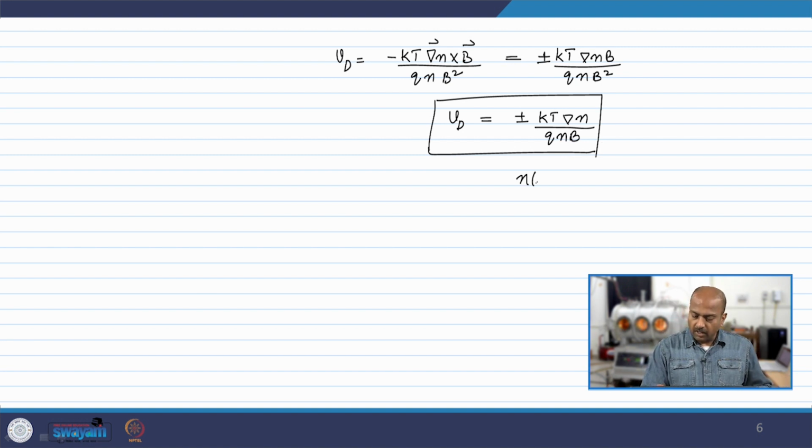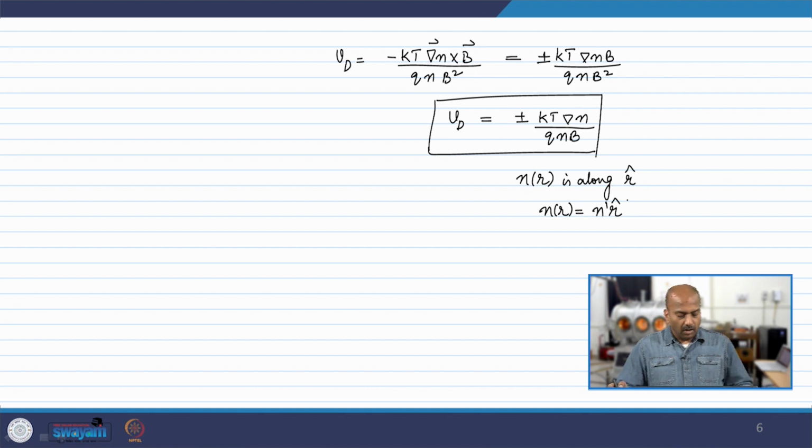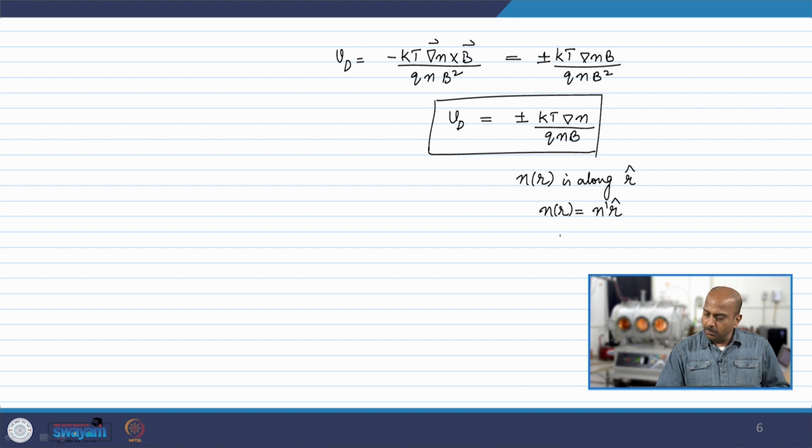So, we have identified that del n of r is along the r cap direction, right. So, n of r can be written as n bar r cap. And the magnetic field B is along z cap.